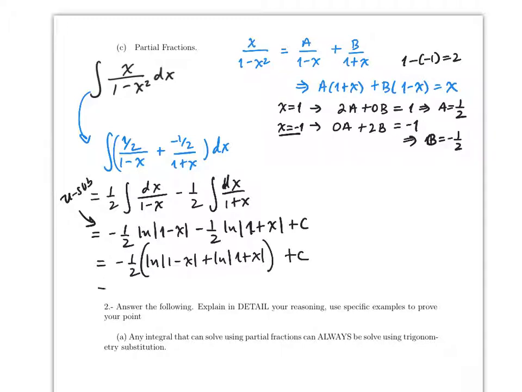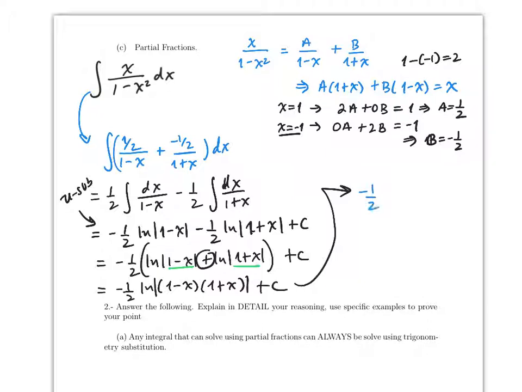And again, if we use the properties of logs, whenever you have a sum, that becomes a multiplication. So this will be 1 minus x times 1 plus x. Okay, you have to multiply this out. So from here, we end up with 1/2 ln of 1 minus x squared.